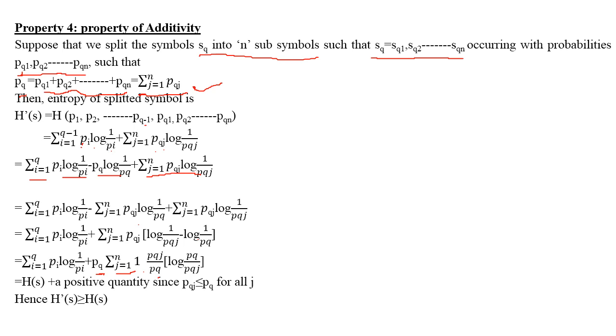This pi log 1 by pi is nothing but H of S, and this term is nothing but an additional value, that is a positive quantity, since pqj is less than or equal to pq for all j values. Hence H dash of S, that is the split symbol entropy value, will always be greater than or equal to H of S. We'll try to prove this particular property by solving an example in a later session.